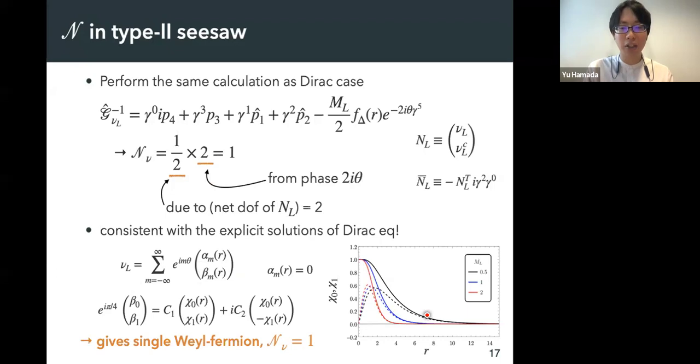Then we get these solutions, and this means that there is a single zero-mode fermion from this left-handed neutrino. So the topological invariant should be 1, and this is consistent with this argument without solving the Dirac equation.